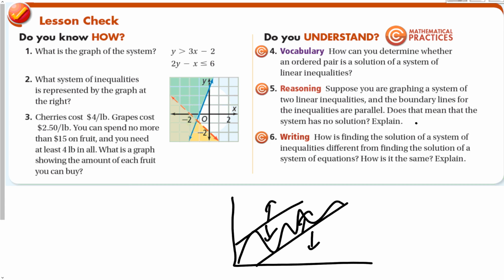We're both going to use the one technique of graphing, but another way that they're different is that a system of inequalities is always going to have an infinite number of solutions, every point possible in between the two lines. Whereas a system of equations is either going to have 0, 1, or an infinite number of solutions if they're the same line. And that was 6-6, systems of linear inequalities.